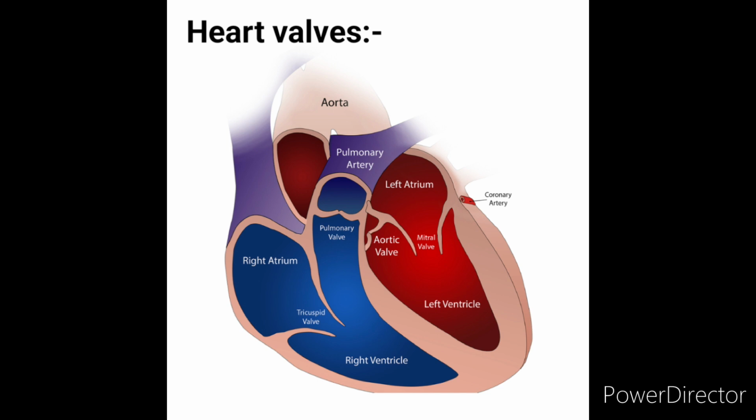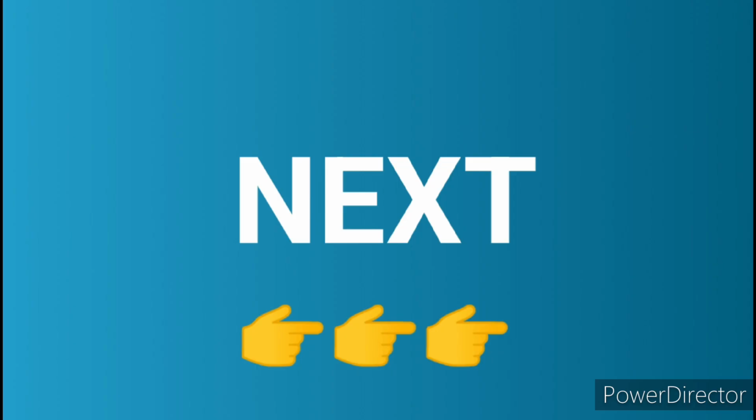These atrioventricular valves open between the upper and lower heart chambers, and blood flows in and out through them. Okay friends, next move on to the topic structure of the heart.